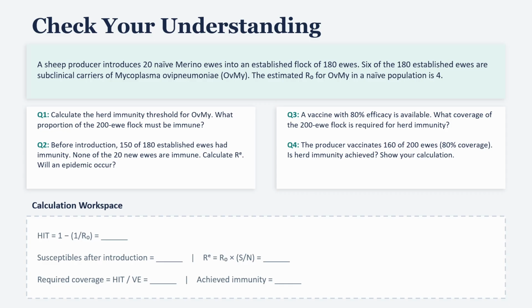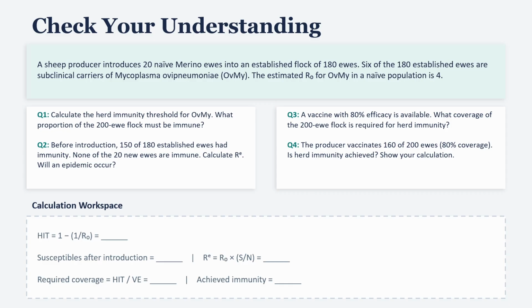Question 4. Is herd immunity achieved with 80% coverage? Of the 50 susceptibles, 80% coverage means 40 susceptibles vaccinated, of whom 80% times 40 equals 32 gain immunity. The remaining 8 vaccinated susceptibles don't develop immunity, plus 10 unvaccinated susceptibles remain.